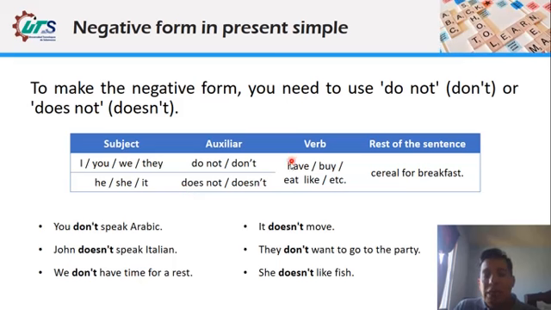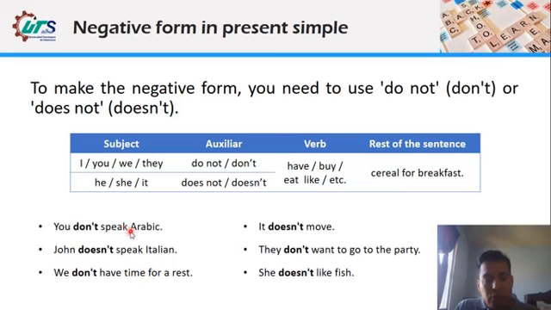In this case, for all the subjects, the verb remains the same. You don't need to add the s, as in it likes, for example. You only use does and doesn't for he, she, it, and the verb remains in the infinitive. Examples: you don't speak Arabic.